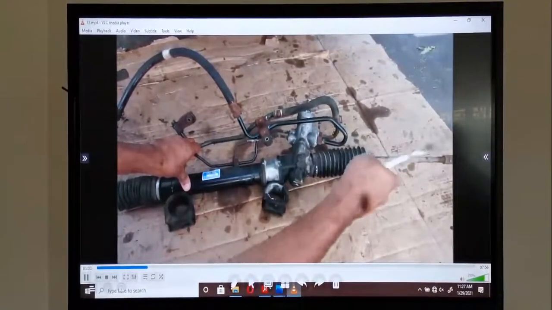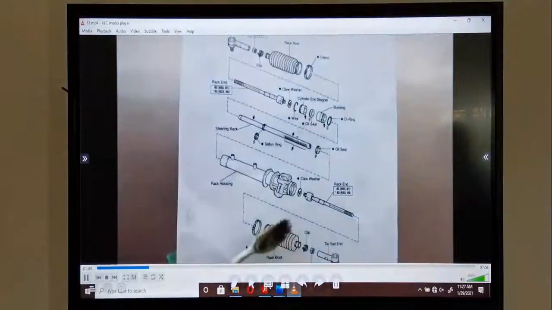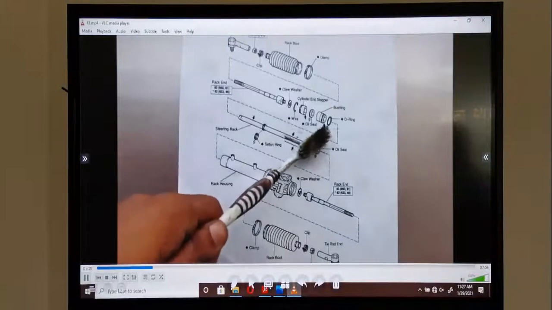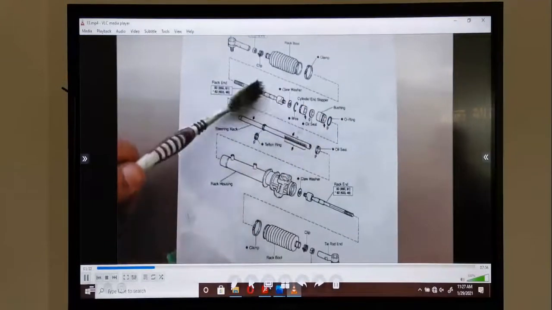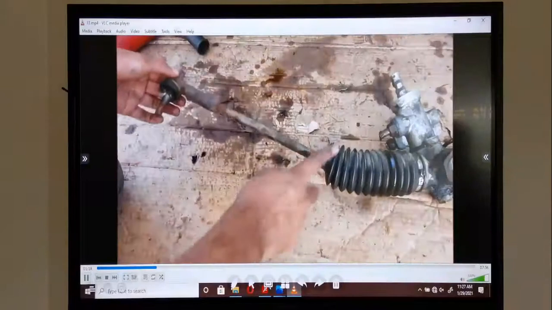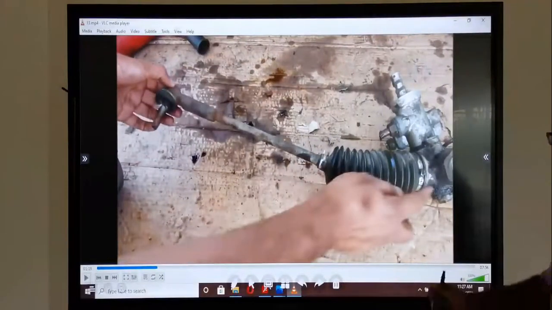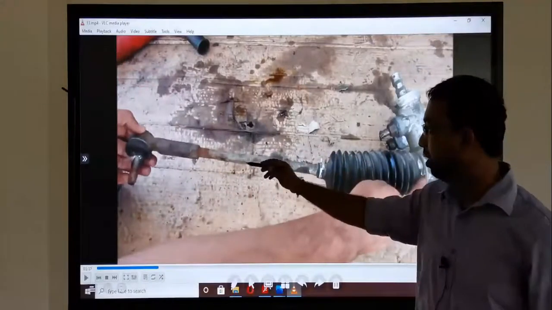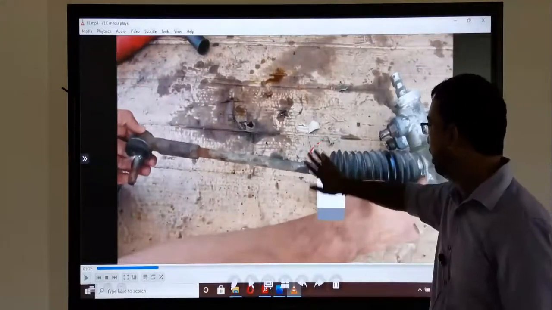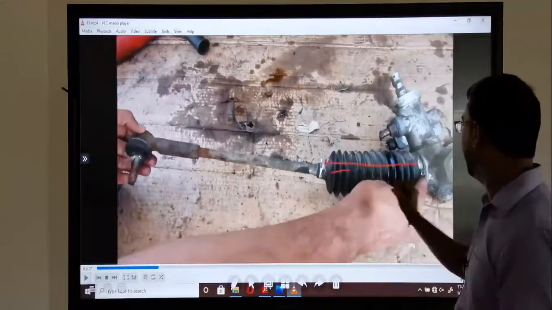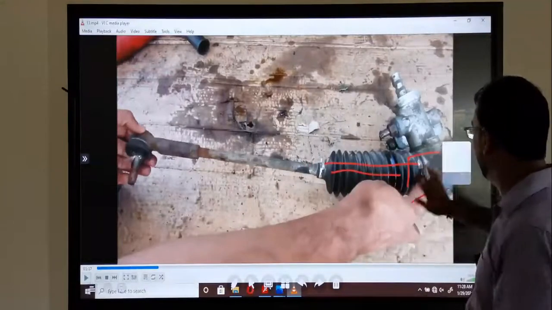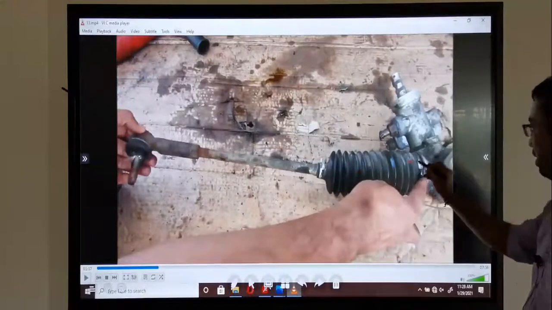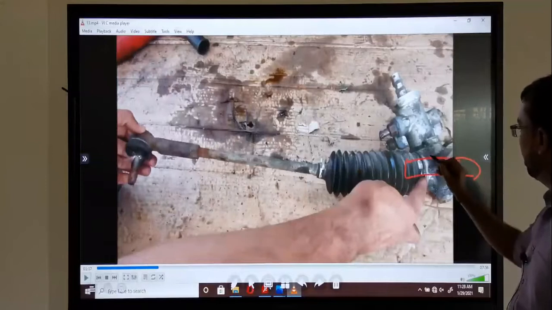So that is the control valve and here that's the cover. There are some parts you can see here. Here is the inner tie rod. This tie rod is connected with the rack. There is a rubber cover because the rack rod inside has a thread.